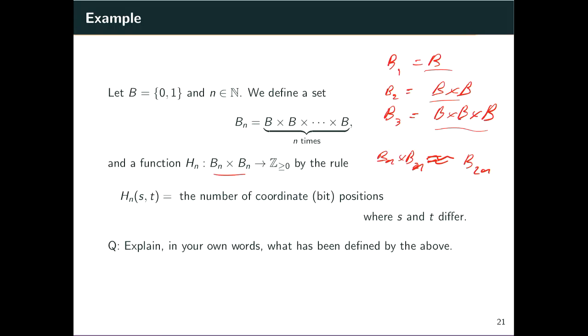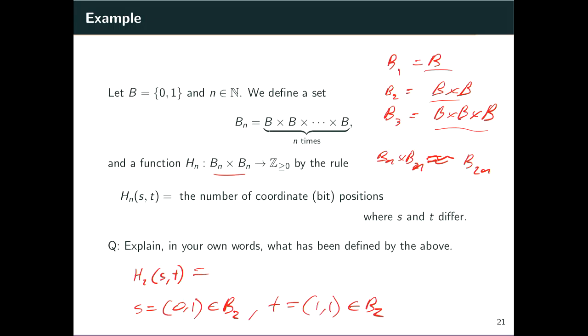So to do a simple example, we'll do H2(S,T), and I'm going to let S equal (0,1). So this is an element of B squared. And I'm going to let T equal (1,1). And this is also an element of B squared.